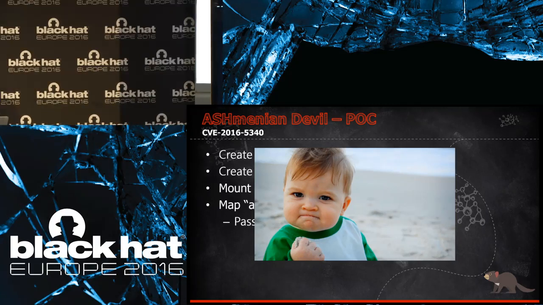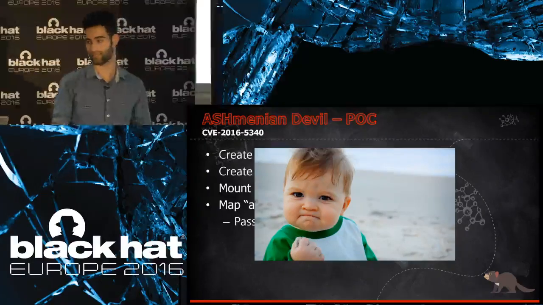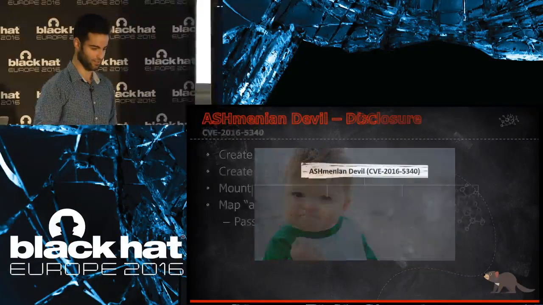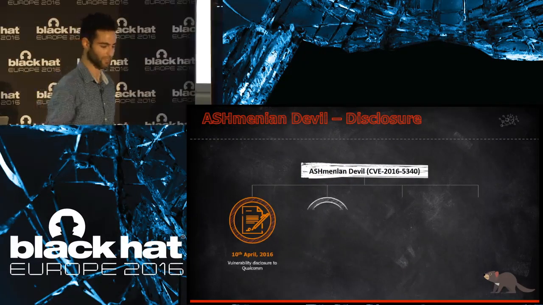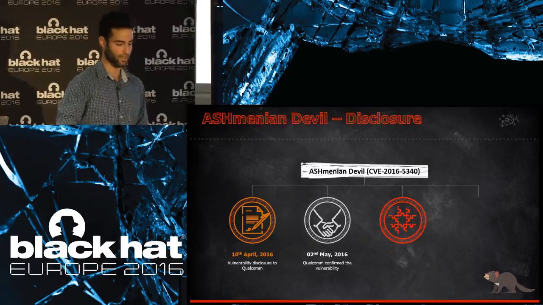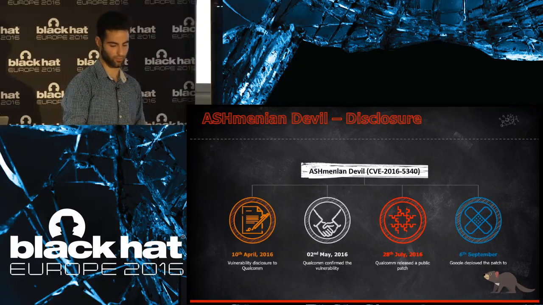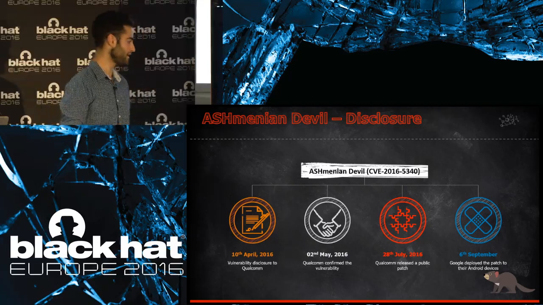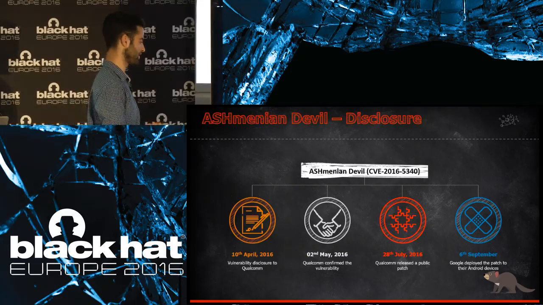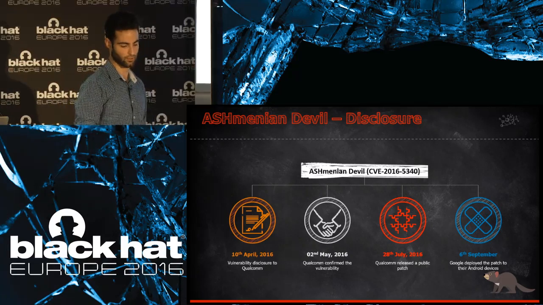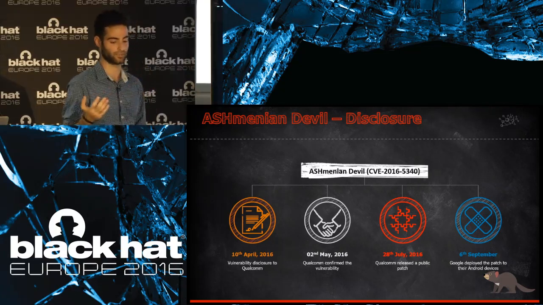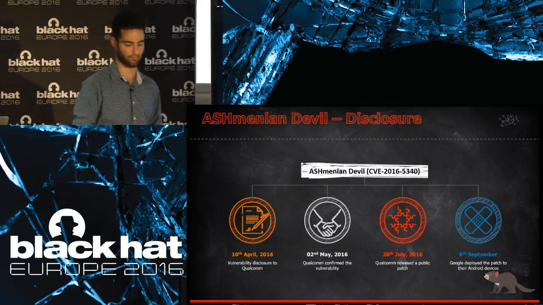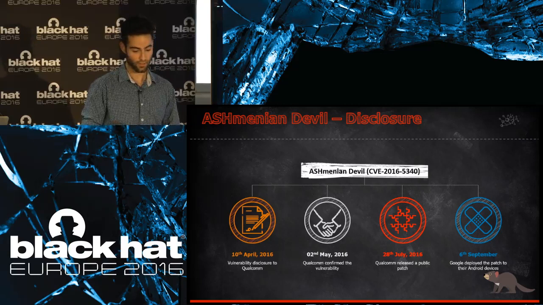Okay. Now, going to the next example in a completely different module, again, by the masterpiece. About the disclosure, and this is a very important point during the presentation. We reported the vulnerability back in April, and Qualcomm confirmed that it is indeed a vulnerability a month later, which is reasonable.